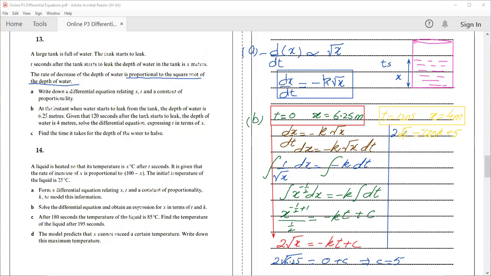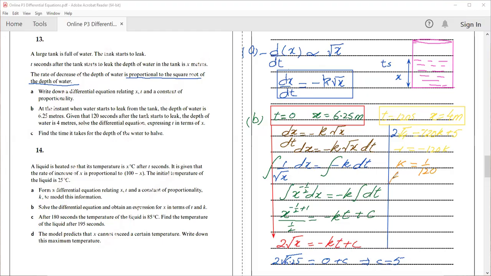So you will get 2 times 2 minus 5, which is minus 1. So minus 1 becomes minus 120k. Minus is cancelled with minus. The value of k will be 1 over 120.